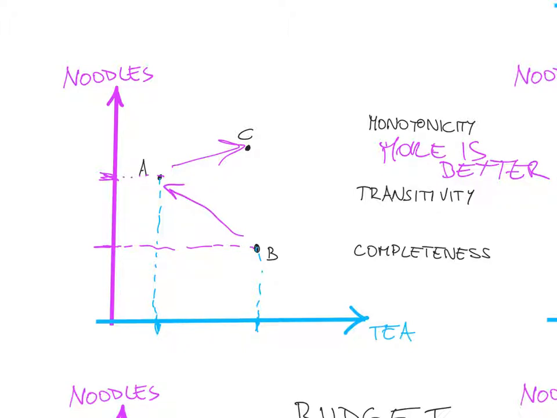So we are going from the more preferred to the less preferred. We go from C to A, less preferred, from A to B, less preferred. So then B must be less preferred than C, right? It seems kind of, maybe it seems obvious.